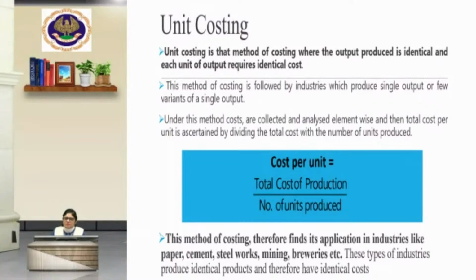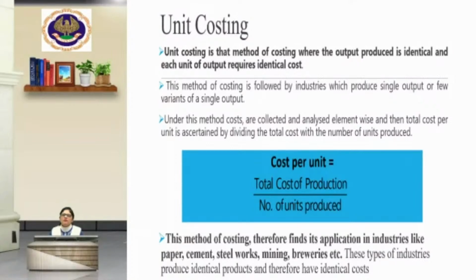So under this method, all the costs are collected. All the elements of cost, I hope you know by now, material, labor, expenses, overheads, all are elements of cost. So all the cost for that product will be accumulated. Direct material and direct labor are part of prime cost.